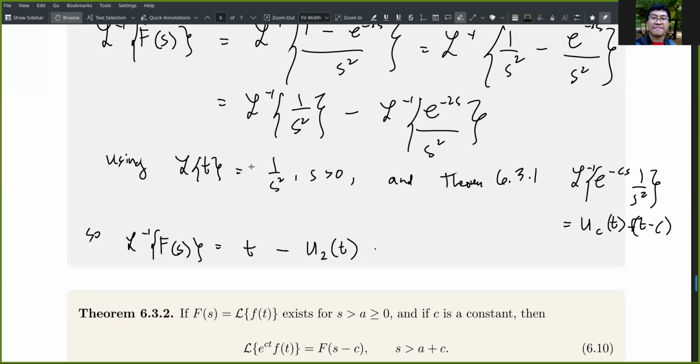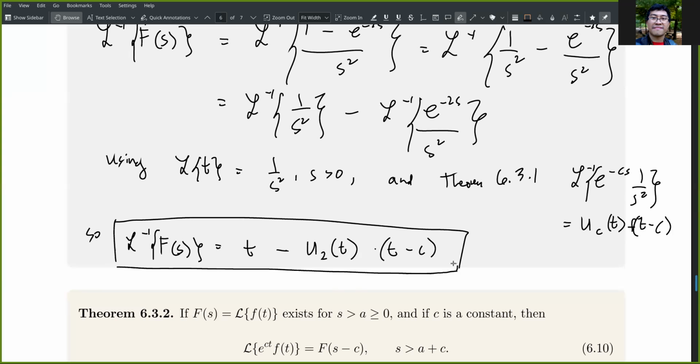But the function is simply t. So t minus c, and that's it.